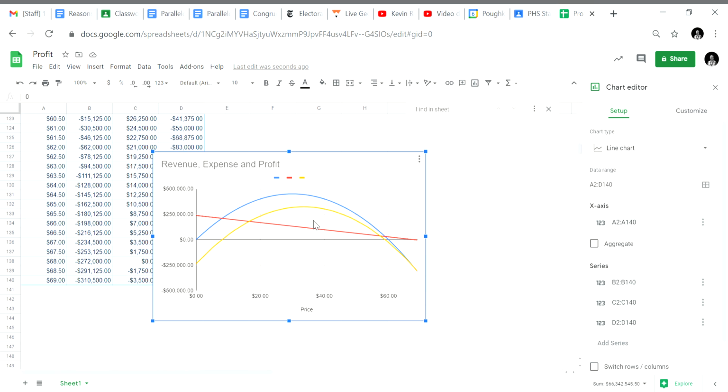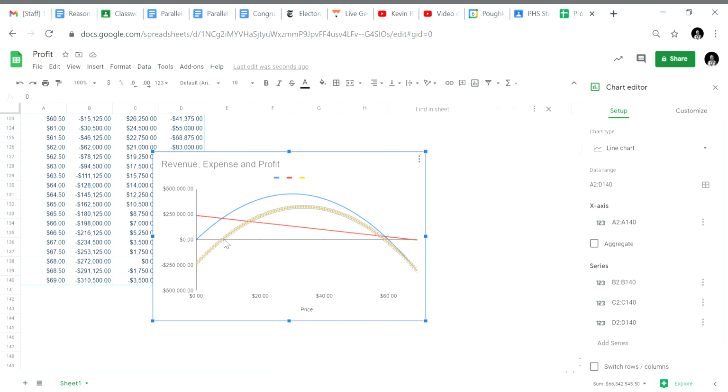Second thing, if you think about where the blue and red intersect, which is the revenue and expense, we called that the break-even point, remember? Now a break-even point can also be called the zero profit point, because you're not making money or losing money there. So if you look at where the break-even point is and you come down a vertical line, profit is going to be 0 there.